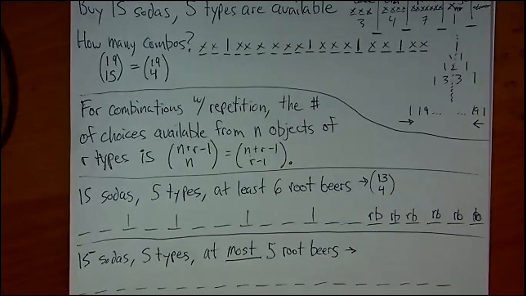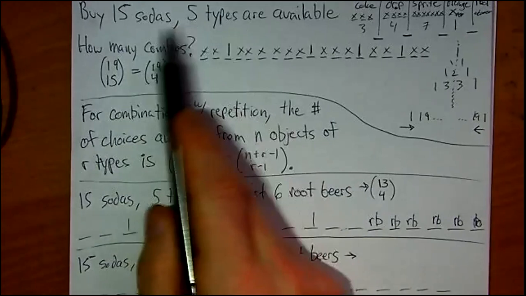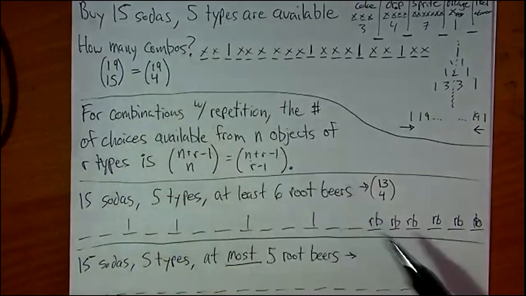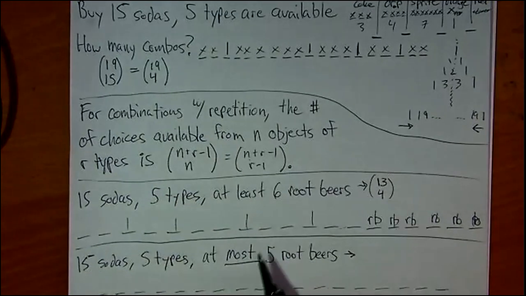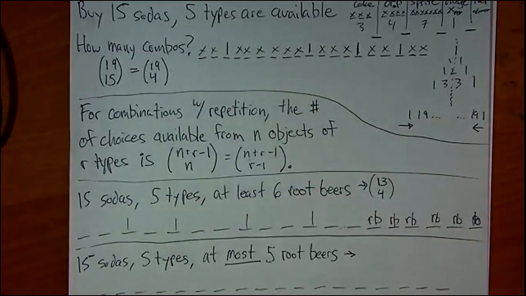The total number of choices, the one that we got up here, right? If there's no restrictions, then that's all the different choices you could get. The situations where you get at least 6 root beers and at most 5 root beers form a partition. Those are disjoint, right? And because they're disjoint, there's no overlap.